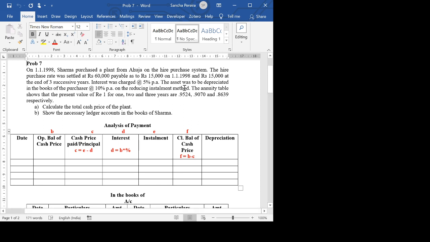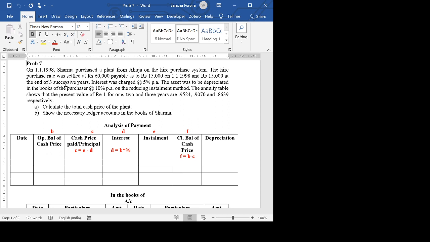You have to learn to distinguish it based on what you have read. So again, I'm just reading this. They've said, settled at rupees 60,000 payable as 15,000 down. This is how we know it's a down payment, because it's paid on the date of signing the agreement, and 15,000 at the end of 3 successive years. So when you're paying the hire vendor at the end of 3 years, you're going to only take 15,000 and give it to him.